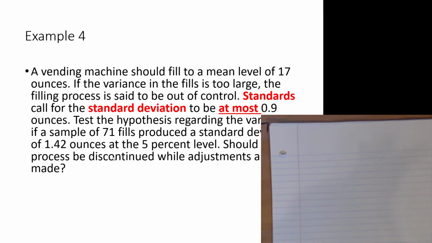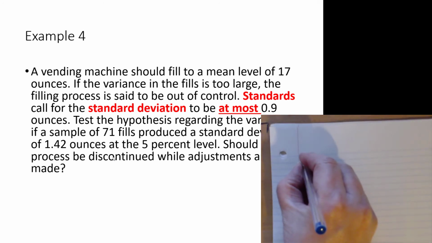When it says at most 0.9 ounces, well, it could be 0.9 ounces. It could be less than 0.9 ounces, right? Standard deviation could be 0.9 ounces, and it could be less than 0.9 ounces, which suggests an equal sign in this particular hypothesis. And the only hypothesis that can have an equal sign is H0, right? HA doesn't get an equality sign.